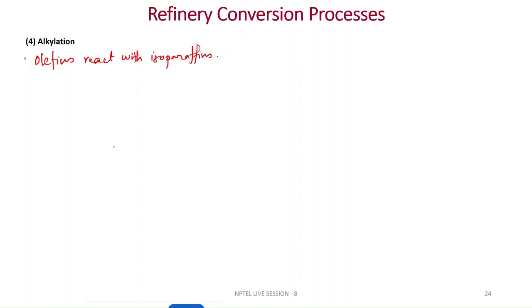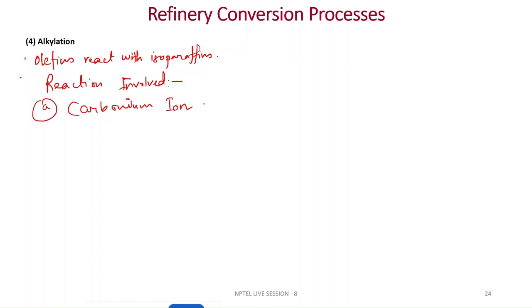What are the reactions involved in the alkylation process? First, similarly, carbonium ion formation that we already discussed in the polymerization reaction.